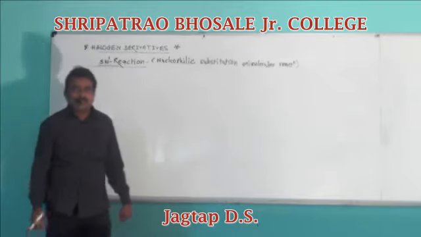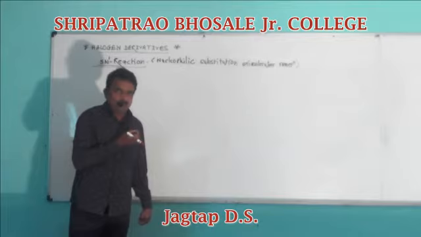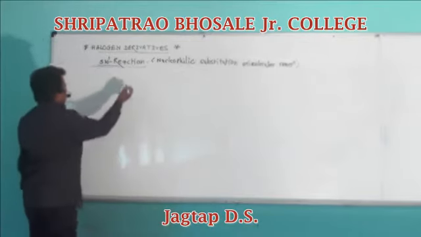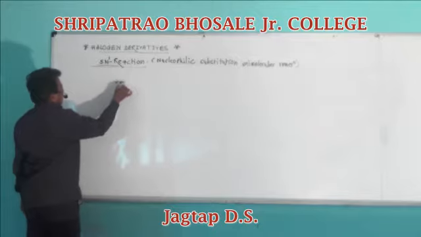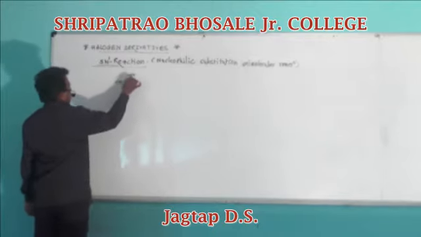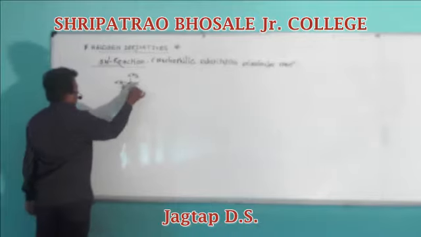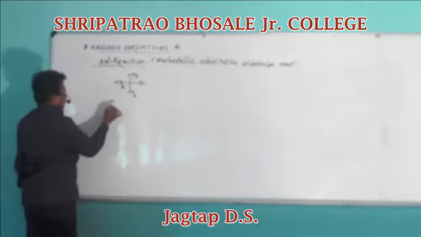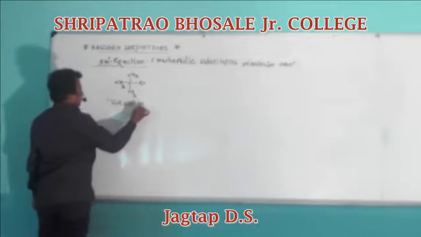Tertiary alkyl halide is that in which the halogen atom is attached to a tertiary carbon atom. Consider the reaction of tertiary butyl bromide.